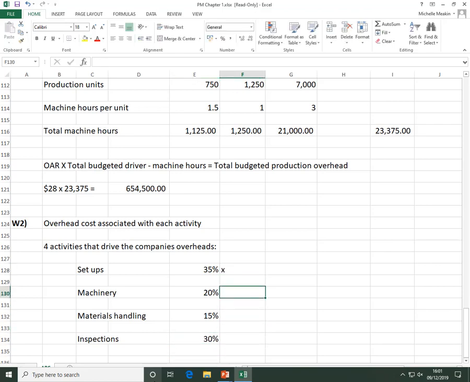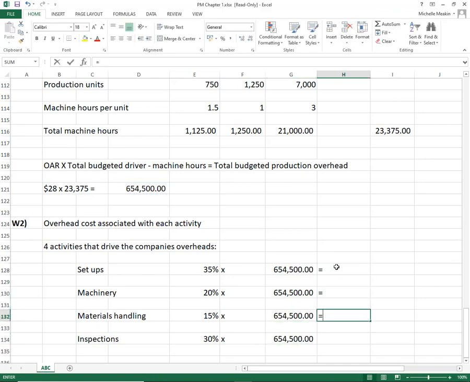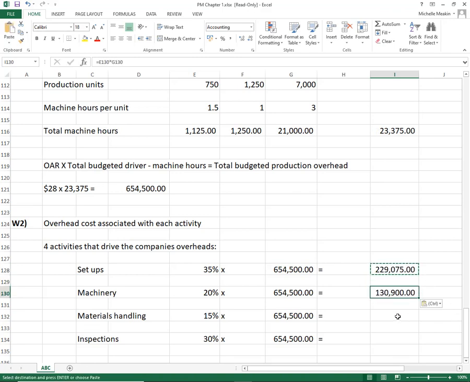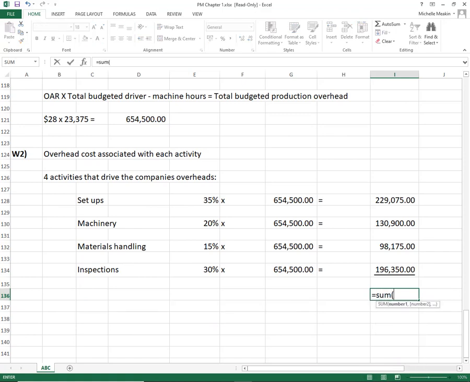And I am going to apply each of those percentages to the overhead that I worked out in total, 654,500. If I need to do something like this, I would always, once I've done the maths, cast it down just to ensure that I have split the cost appropriately and correctly.